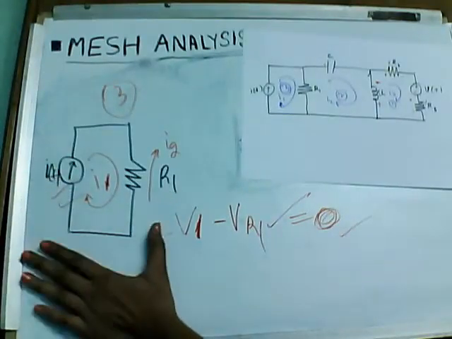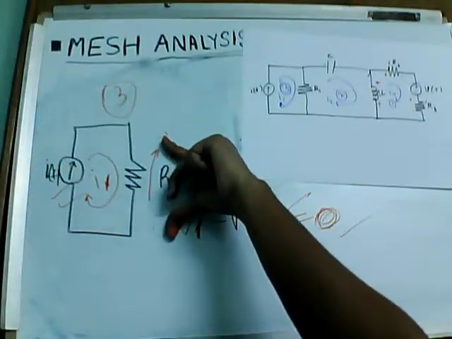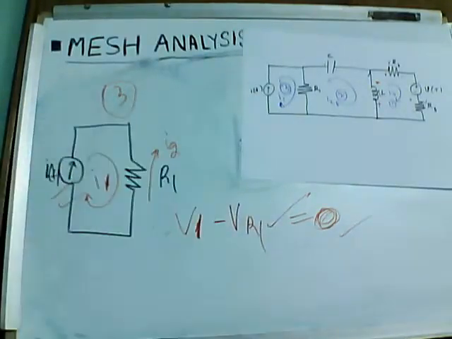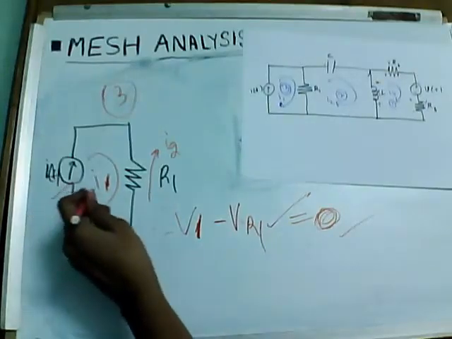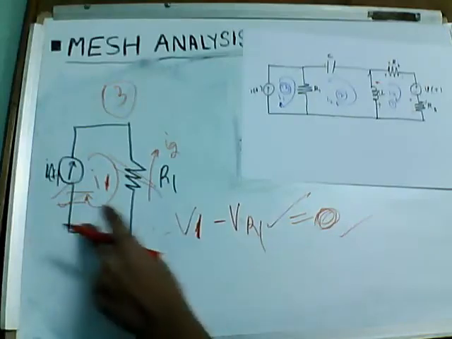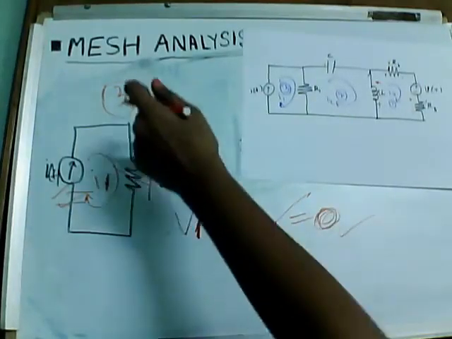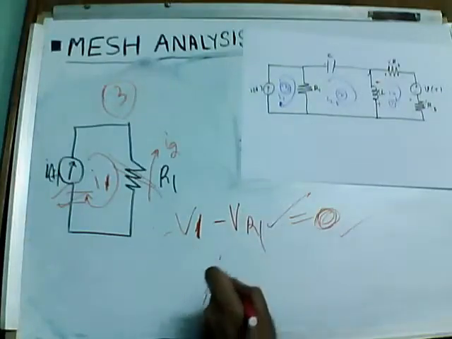For the elements which are connected in parallel, the voltage here will be the voltage here. The voltage in this element will be the same in this element. So we only have the chance of verifying KVL.